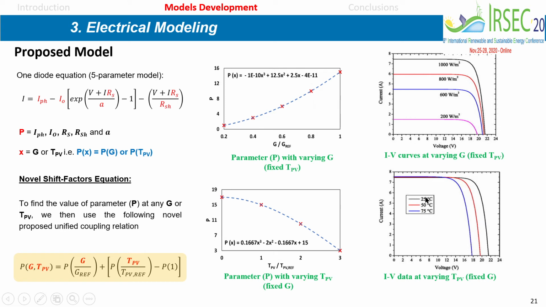In this example, temperatures of 25, 50, and 75, and here 200, 600, 800, and 1000 watt per meter square. By fitting, we were able to determine how each parameter evolves with temperature, or with the irradiance by fixing temperature, or with the temperature by fixing the irradiance. And from this analysis, we were able to come up with this unified model that gives you any of the 5 properties here, how it will shift as a function of both temperature and irradiance.